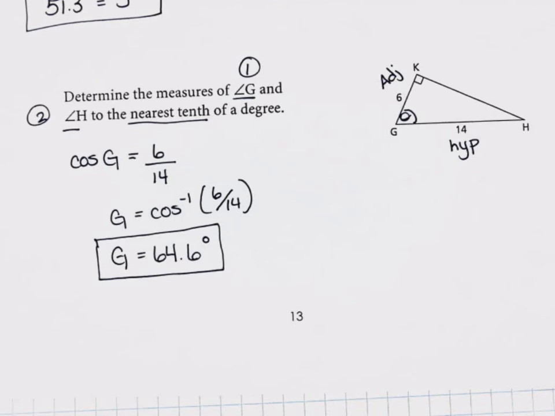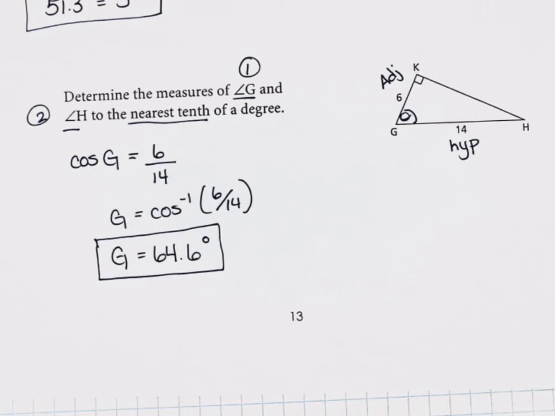Can I show you now? Wait. Okay, I'm waiting. Can I tell you what the answer is before? Yep. So, G is 64.6. Okay. And H is 25.4. Yes. Nice. Good work.